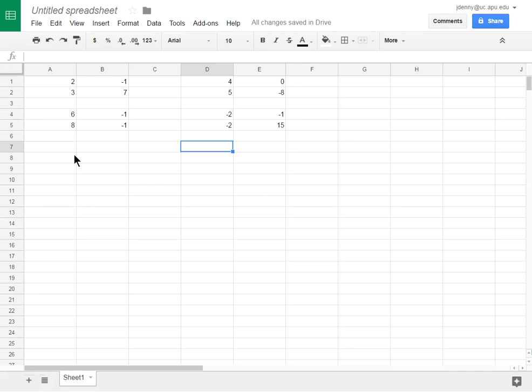When it comes to multiplying, let's suppose we want to multiply the matrix now. And so let's say we want to multiply it by a scalar. So we want to take, let's say, this matrix and scale it up by a factor of 2. So in this cell, it's going to equal 2 times that number.